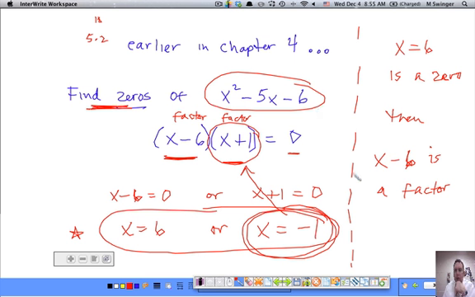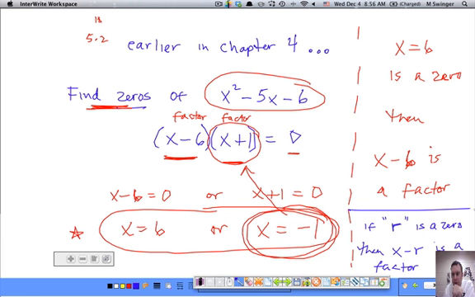So this is what I want you to get out of this. If r is a 0, right? Instead of saying if 6 is a 0, if r, any number could go here, is a 0, then x minus r is a factor.